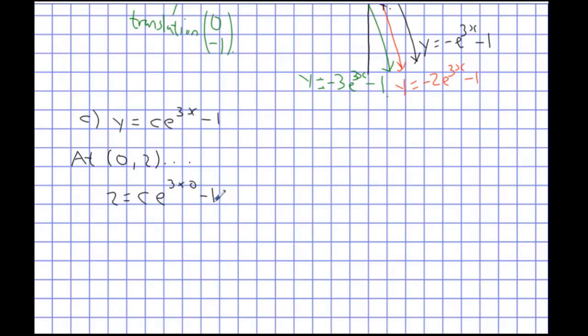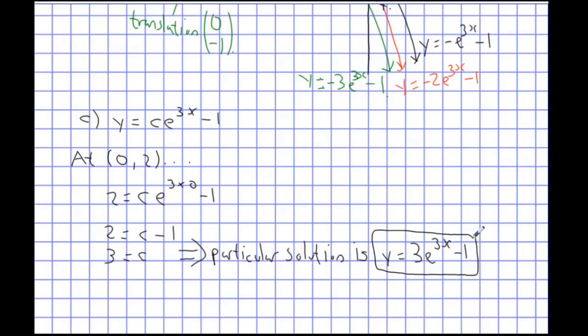So e to the 3 times 0 is e to the 0, which is 1. So that would mean 2 equals c minus 1, which means that c equals 3. So the particular solution is y equals 3e to the 3x minus 1.